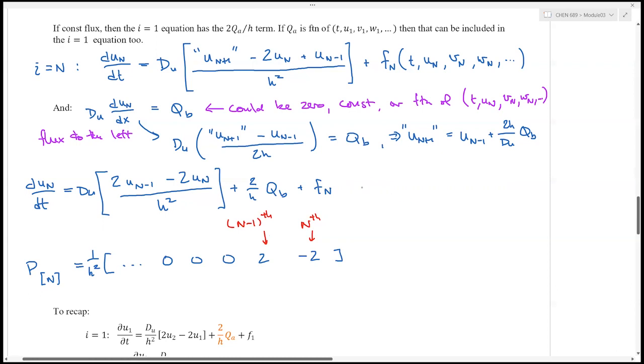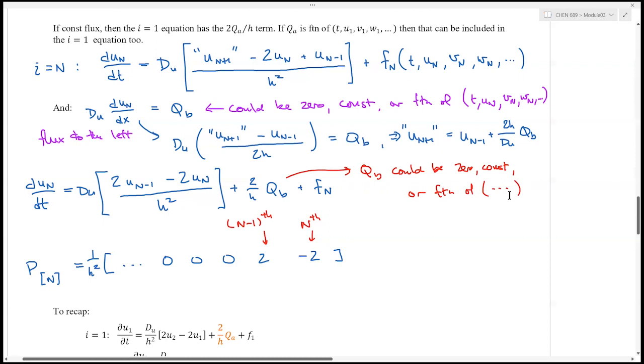And also recalling that Q_B could be 0, constant, or function of all the stuff we've been talking about before.